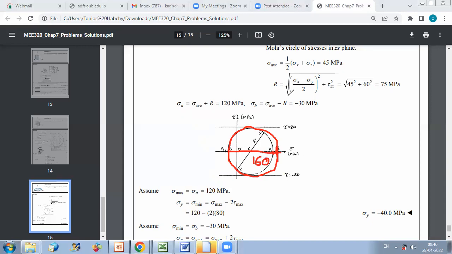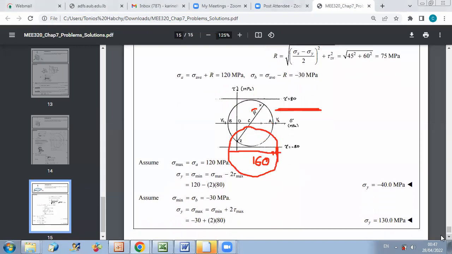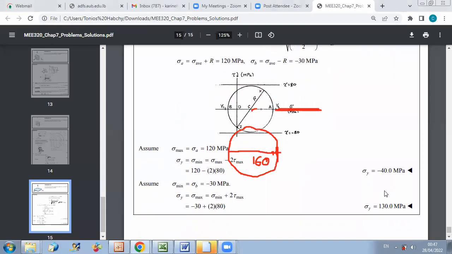Since we already determined sigma B to be minus 30, sigma Y should be plus 130. So the second possibility is sigma Y equal to plus 130. These are the two possible scenarios that lead to a maximum out-of-plane shear stress equal to 80 megapascal. And then we are done with chapter 7.